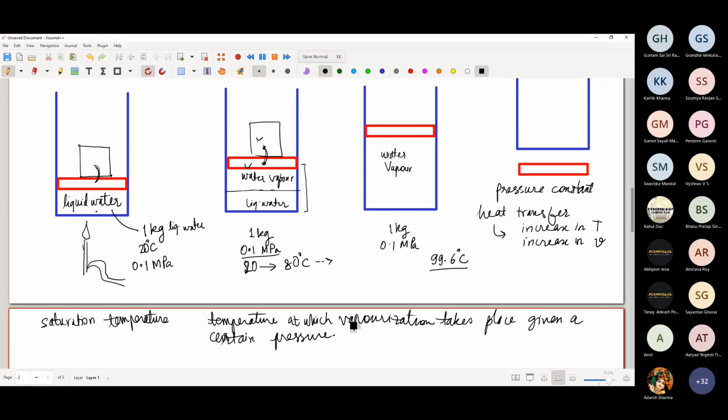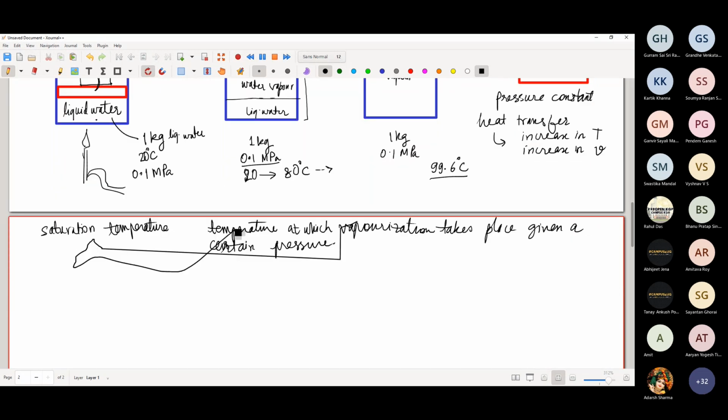Meaning that if I call this Tsat, the Tsat depends on the prevalent pressure, and that pressure is known as the saturation pressure as well.